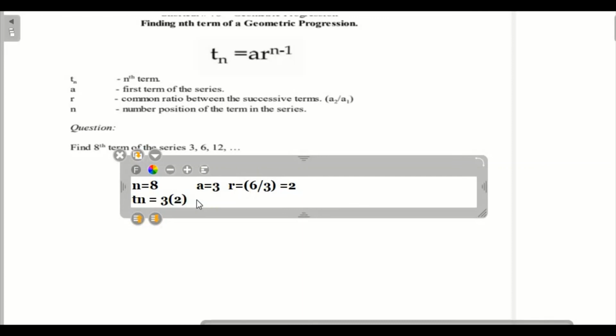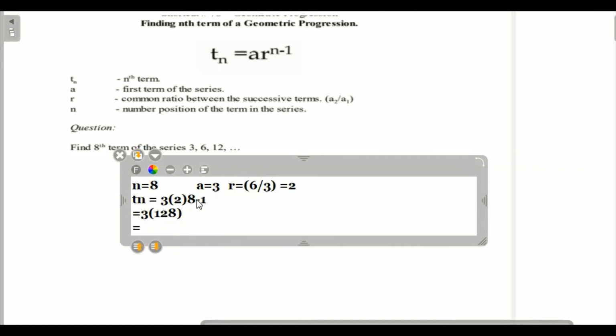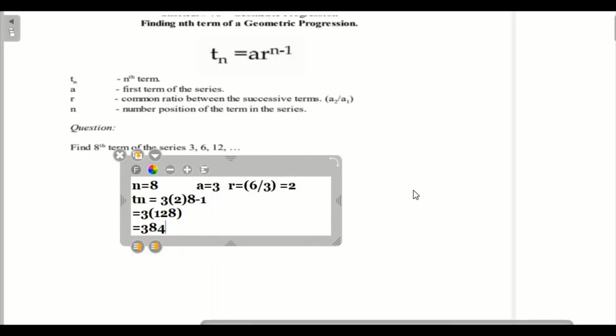So you have to substitute in the value 8 minus 1. So it is 3 into, so 8 minus 1 is 7. So we have to find the value of 2 power 7. 2 power 7 is 128. So we got the value, that is 384. Okay.